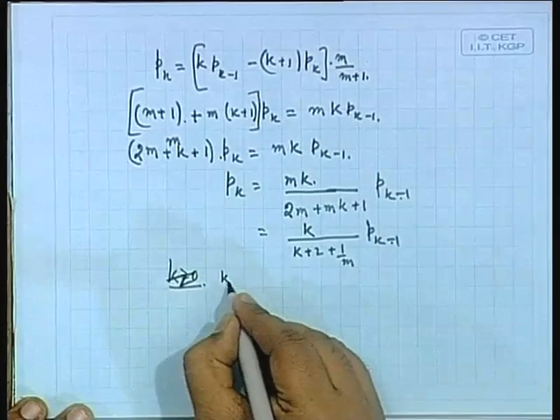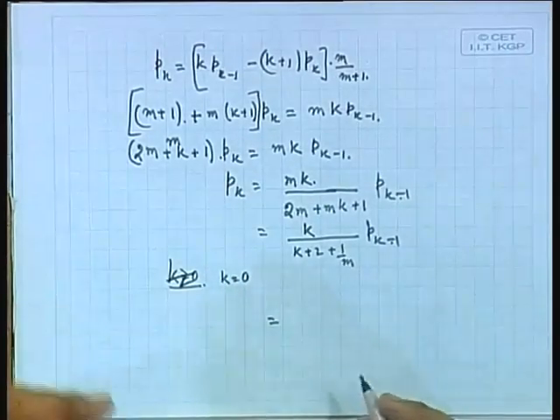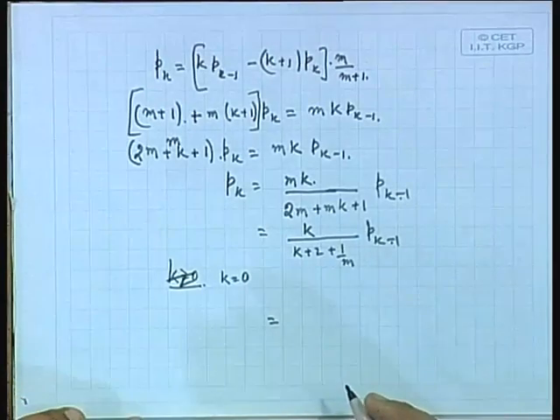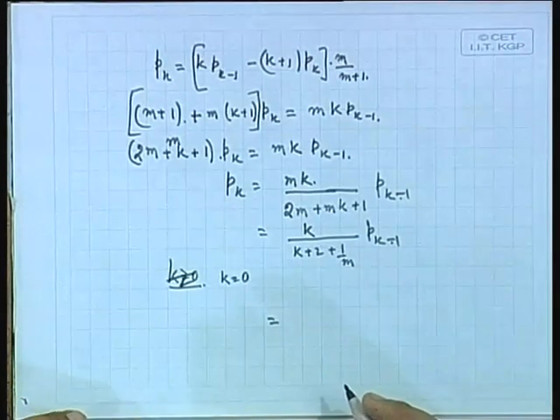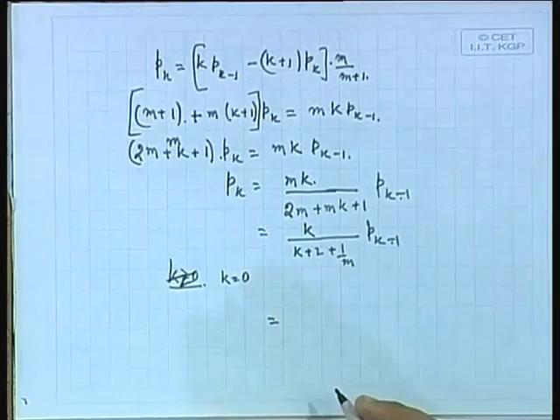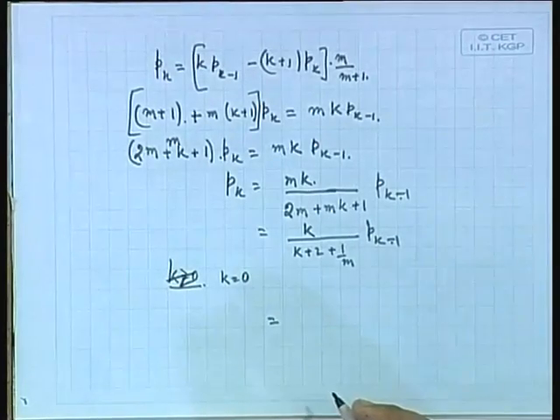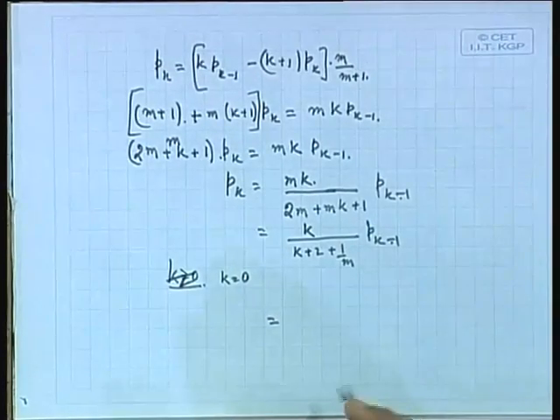So for k is equal to 0, what is happening? How many new nodes, how many additions? The new node which is coming has no in degree, so only one addition. You are not adding any other 0 degree node, so only one addition.